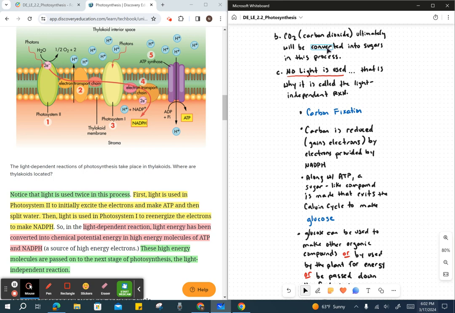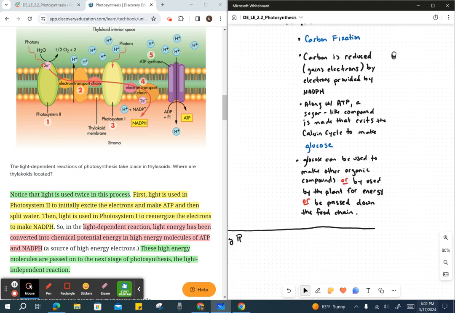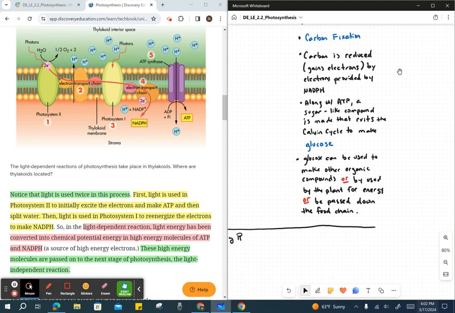Carbon dioxide, the gas that is in the atmosphere, plants take that carbon dioxide and they use it for photosynthesis. What exactly is happening is in this second stage, the CO2 is going to be converted into sugars. Again, we call that a light independent reaction. And we call this process of carbon dioxide being converted carbon fixation.